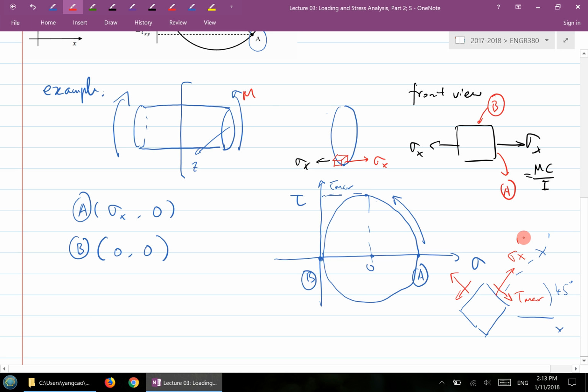That's an example showing you how to interpret the Mohr circle. So let's look at another one here. I think I actually talked about this during the review of the first lecture.